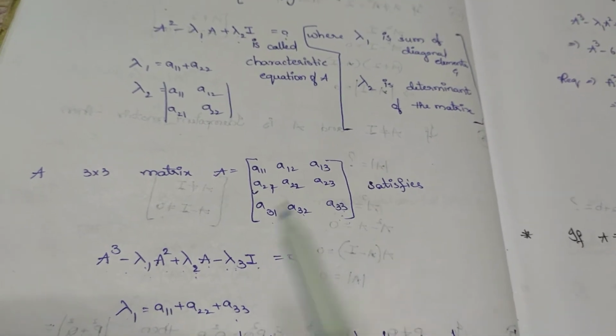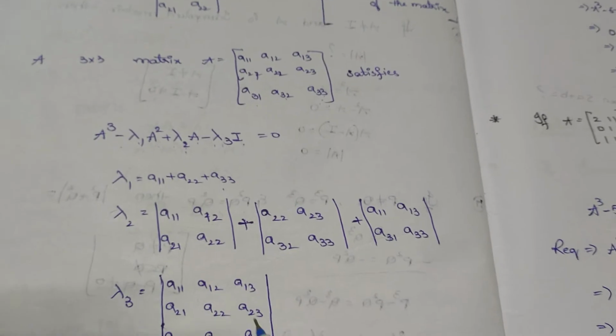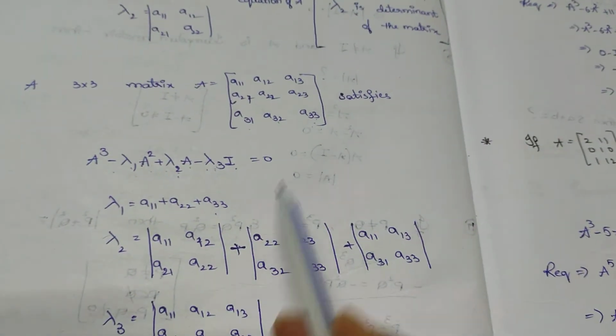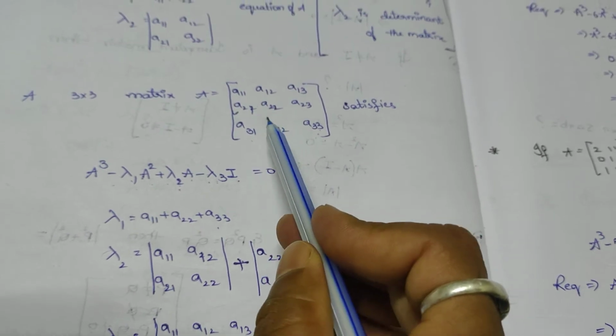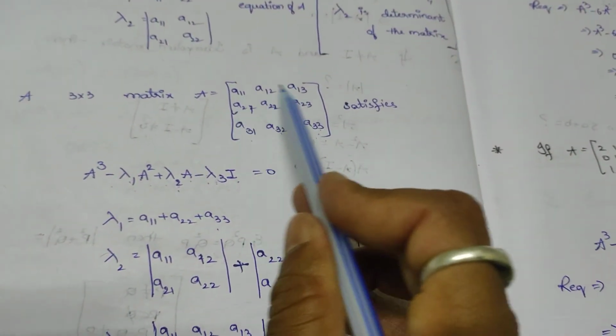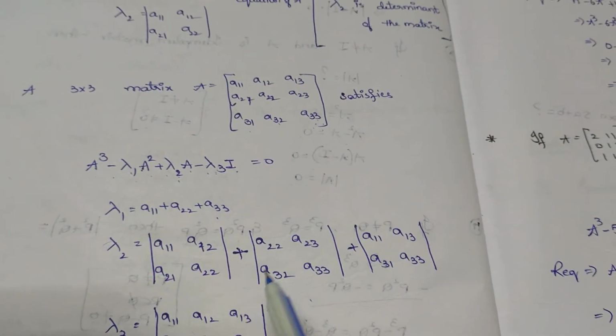All these three determinants are 2 by 2 determinants. You have to remember these fixed values.